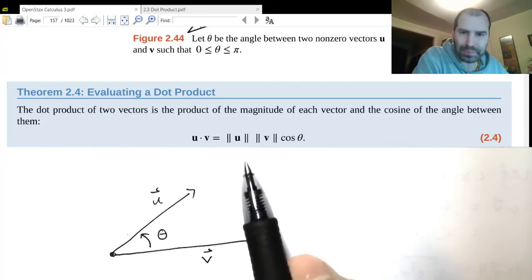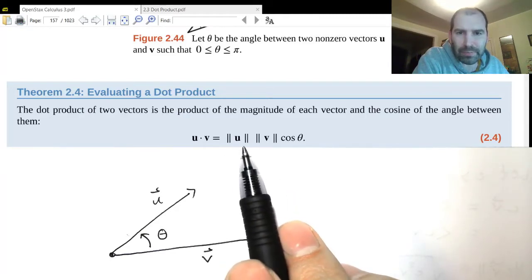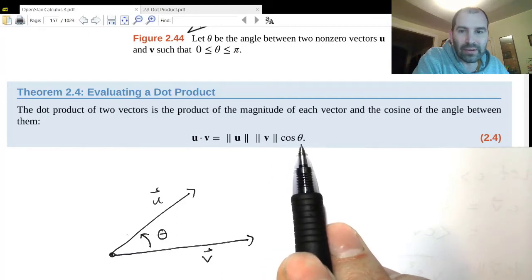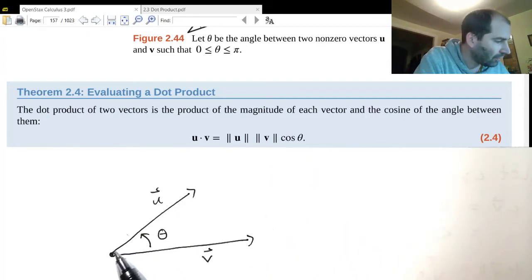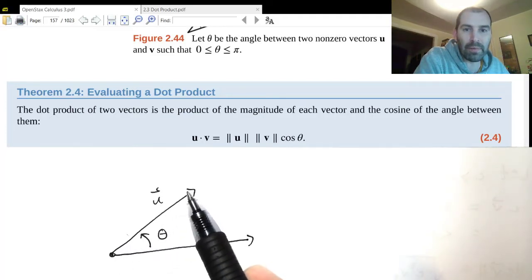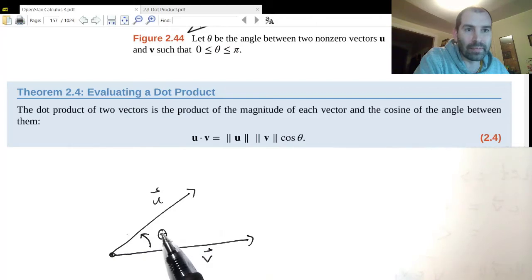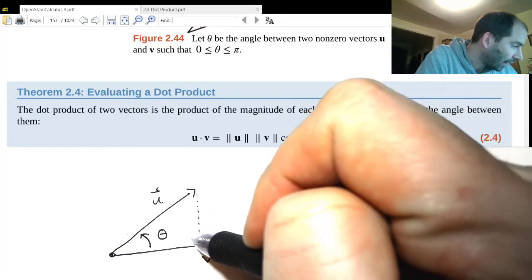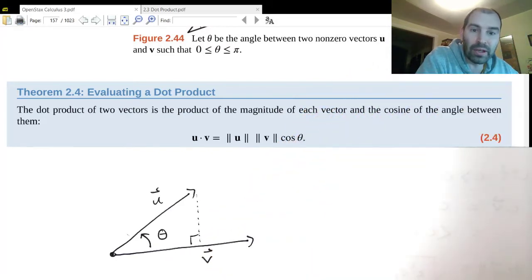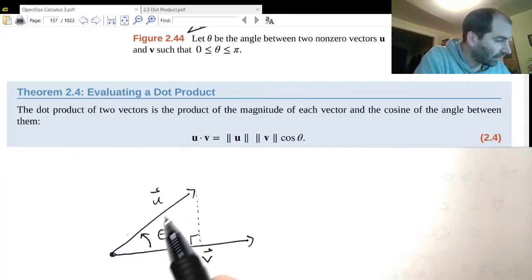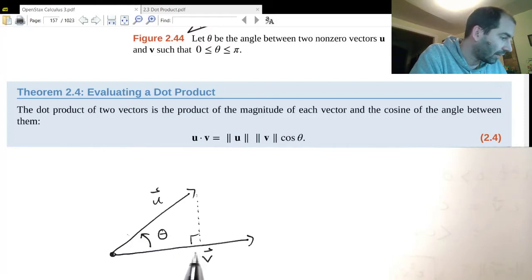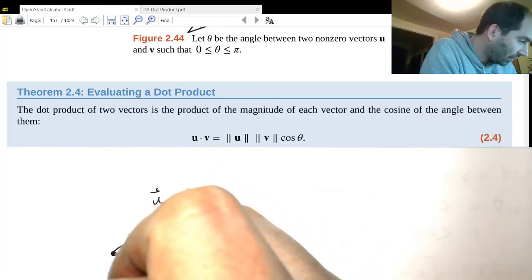Let's look at this part. If I take the magnitude of u times the cosine of theta, what is that? Well, the magnitude of u is the length of this line here. If I multiply that by the cosine of theta, what am I getting? Well, if you remember from trig, if I were to drop a perpendicular down here, so it makes a right angle with v, and take this length and multiply it by the cosine of theta, what I'm getting is this length right here, the distance from here to here.